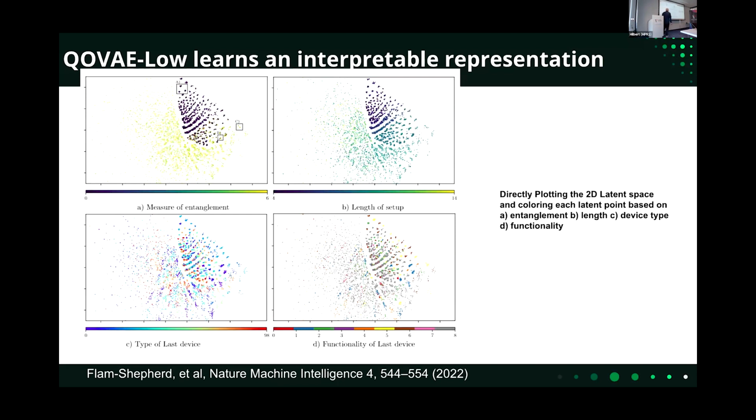And one of the interesting things that we want to keep exploring with Alba Cervera, Mario, and Daniel is when you actually do these two-dimensional representations of the latent space, and you actually want to look at which states are entangled and which ones are not. I'm going to put my mouse here.